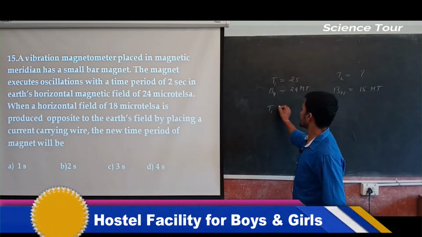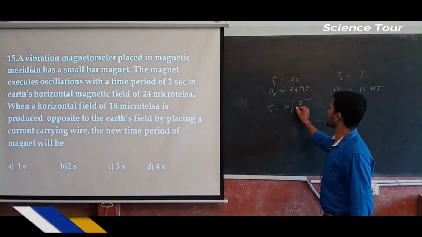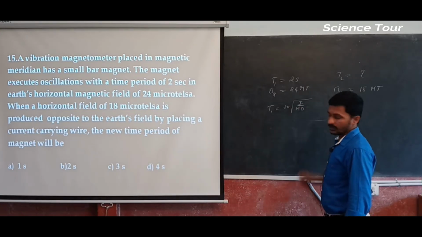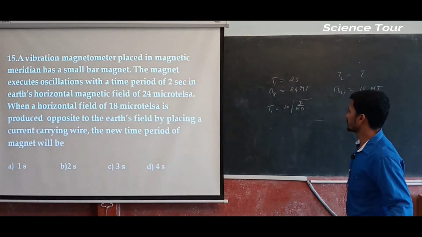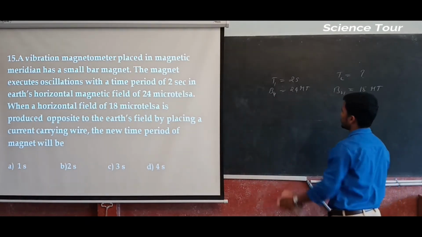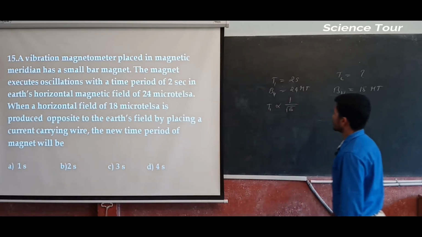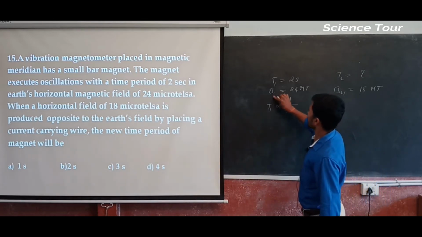What is the expression for the time period? Time period is equal to 2 pi square root of I by M into B. We are not given anything else here, we are just given the magnetic field. So, I can write the time period T is proportional to 1 over root B, isn't it? This is B1, I am going to write down.